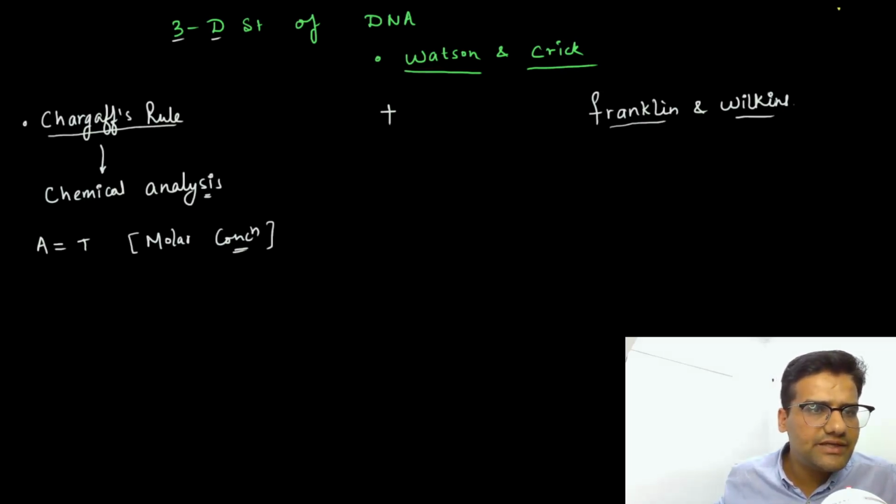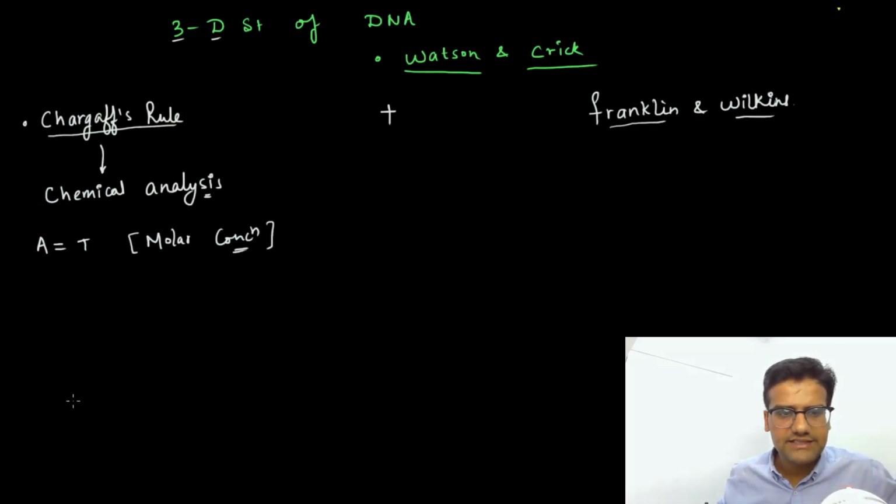Similarly, he gave another statement: the molar concentration of guanine is equal to cytosine. So the molar concentration of adenine is equal to thymine and guanine is equal to what? Cytosine. That means purine is equal to pyrimidine.